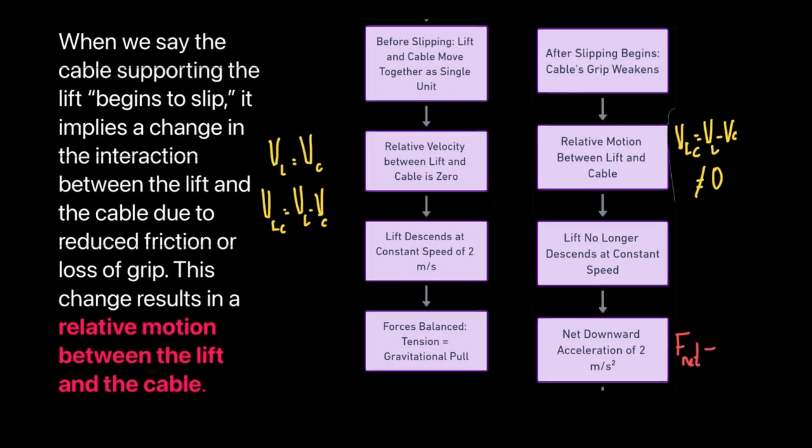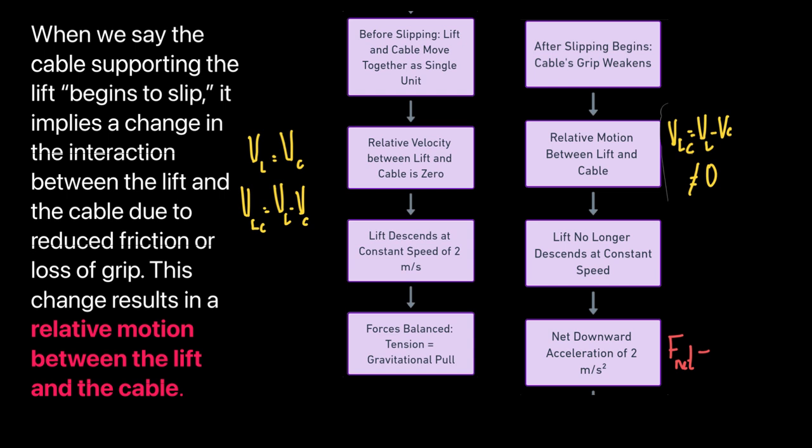When we say that the cable supporting the lift begins to slip, it implies a change in the interaction between the lift and the cable due to reduced friction or loss of grip. This change results in relative motion between the lift and the cable.